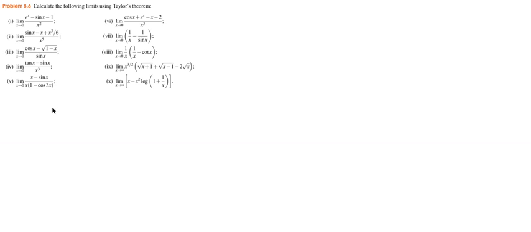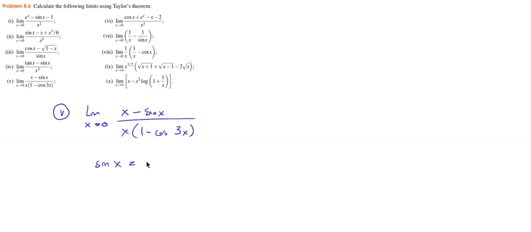Let's go to part 5. The limit when x goes to 0 of x minus the sine of x divided by x times 1 minus the cosine of 3x, right? Now the sine, obviously we need to reach x cubed because otherwise the numerator is going to be 0, right?